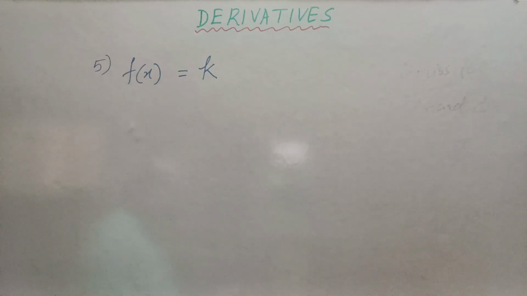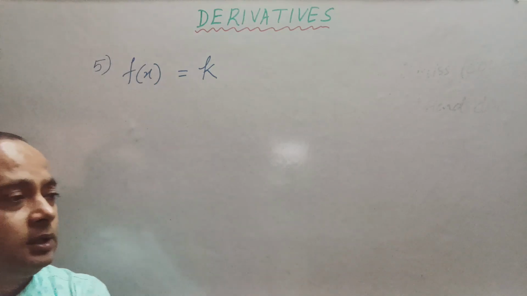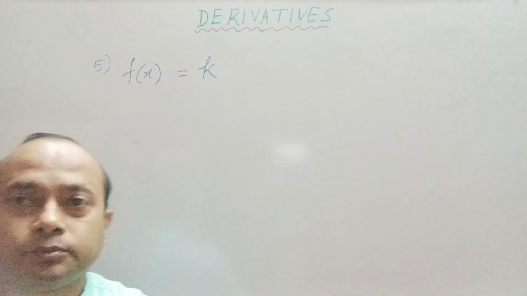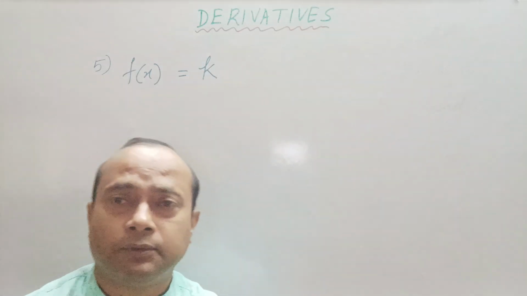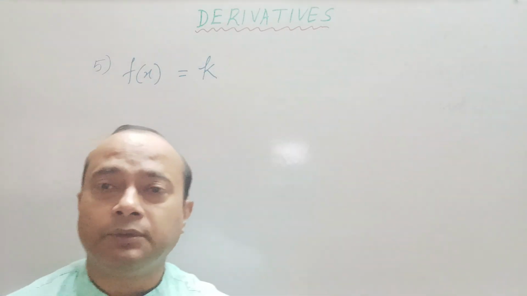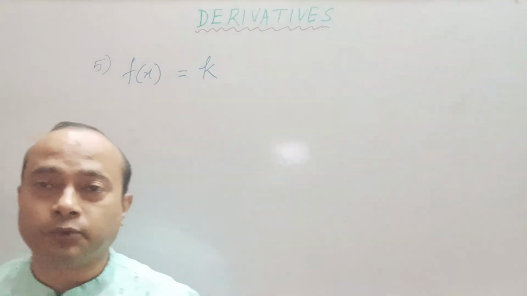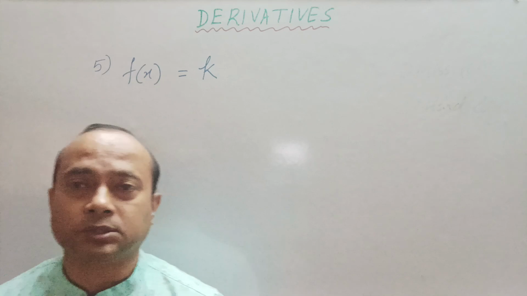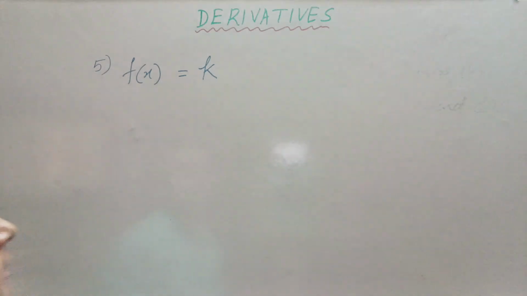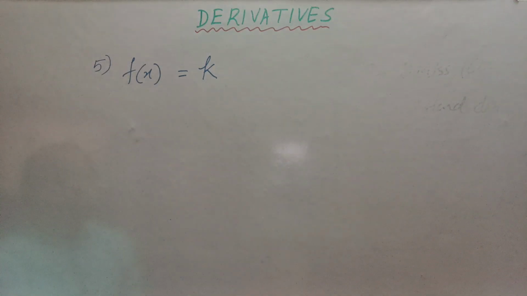So example 5, we have taken a constant function f(x) equal to k. Like in chapter 2, we had discussed, a constant function means whatever you give as an input for x, the output is always a constant, right? So here you can see f(x) equal to k.